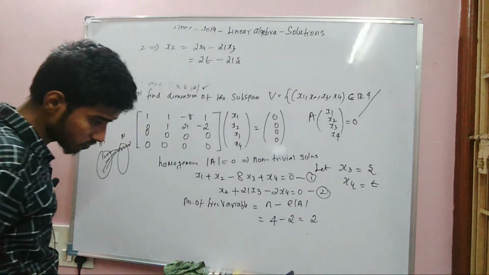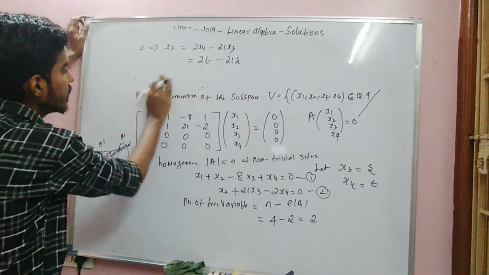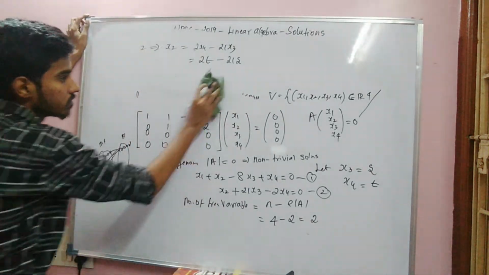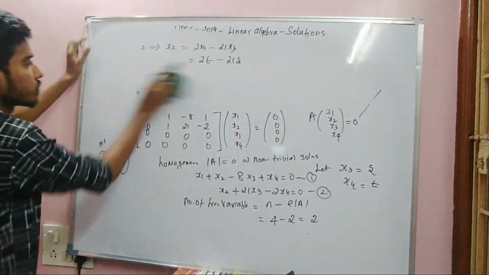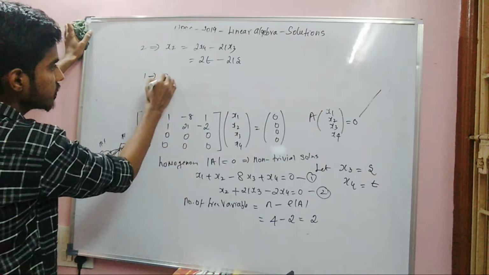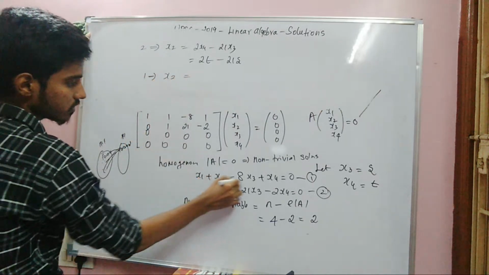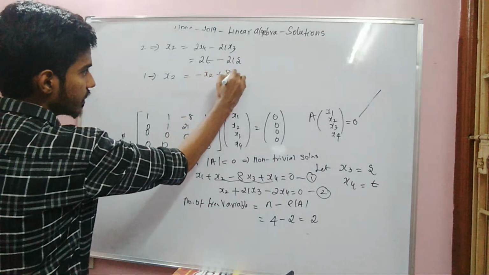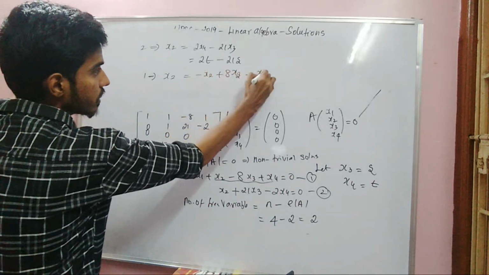Now we need to find x1. So from 1 we can find x1, right? So from 1 we have x1 is equal to, so we bring these 3 terms to that side. So we will have minus x2 plus 8x3 minus x4.